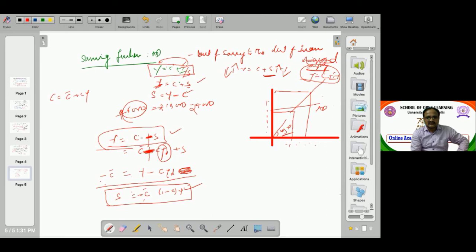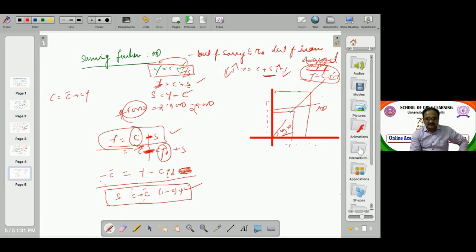What is C? C is the consumption. Instead of this, you can substitute C equals C intercept plus c times Yd plus subsidy. So S equals Y minus C, that is Y minus c times Yd plus subsidy.